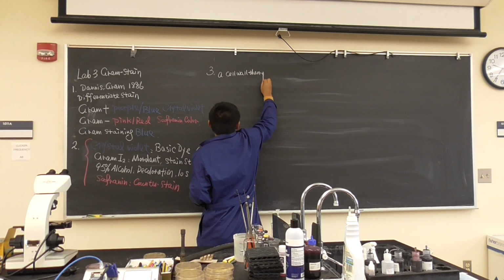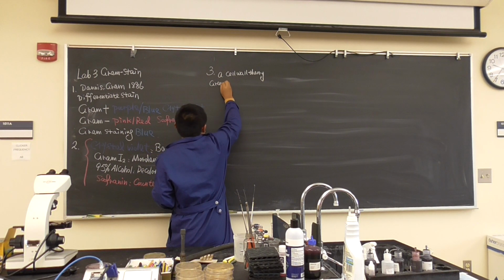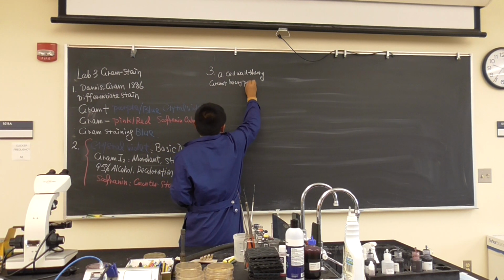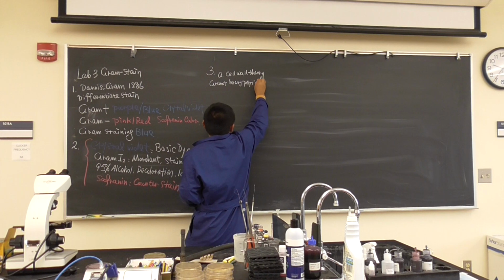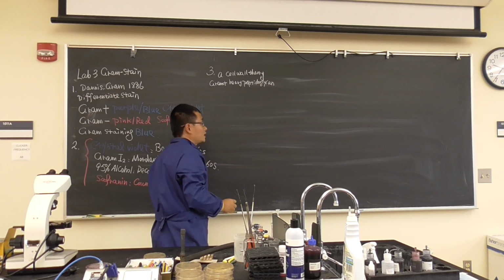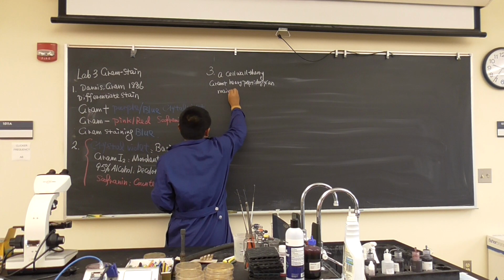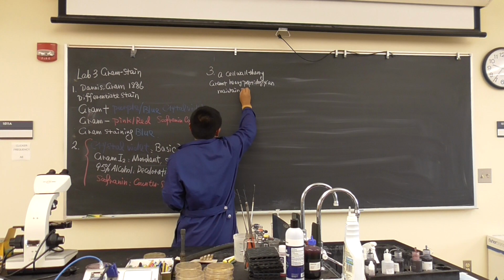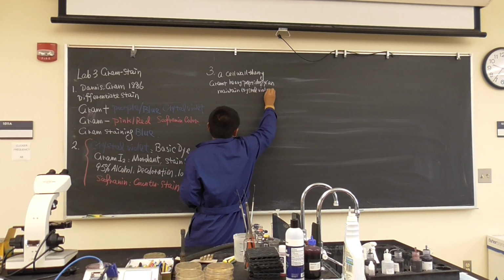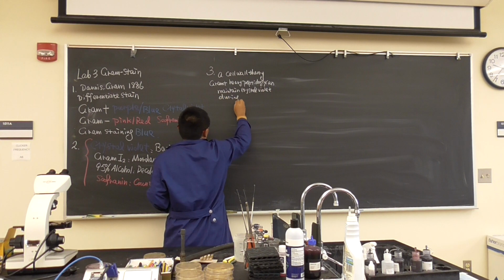The cell wall theory describes that Gram-positive bacteria have a heavy peptidoglycan layer, so this heavy peptidoglycan will retain the crystal violet during the decoloration process.